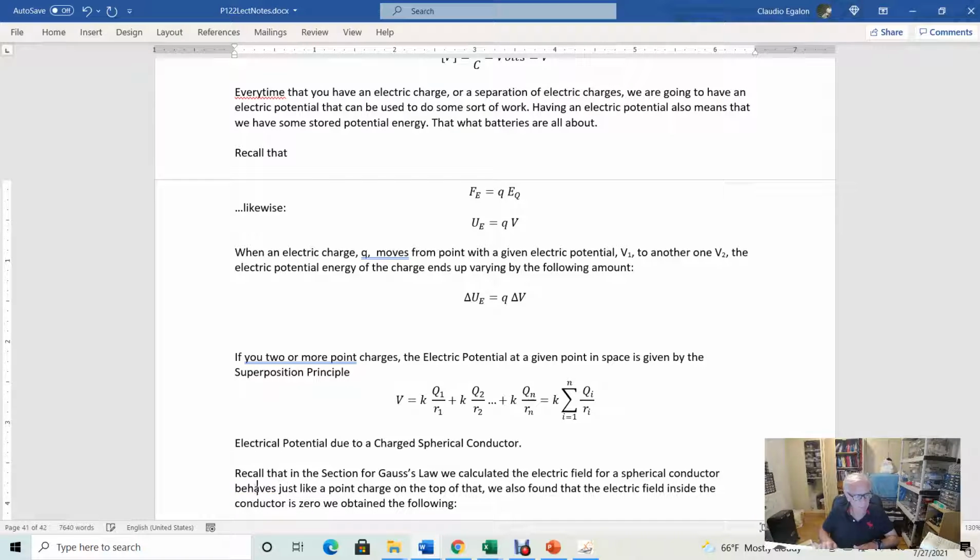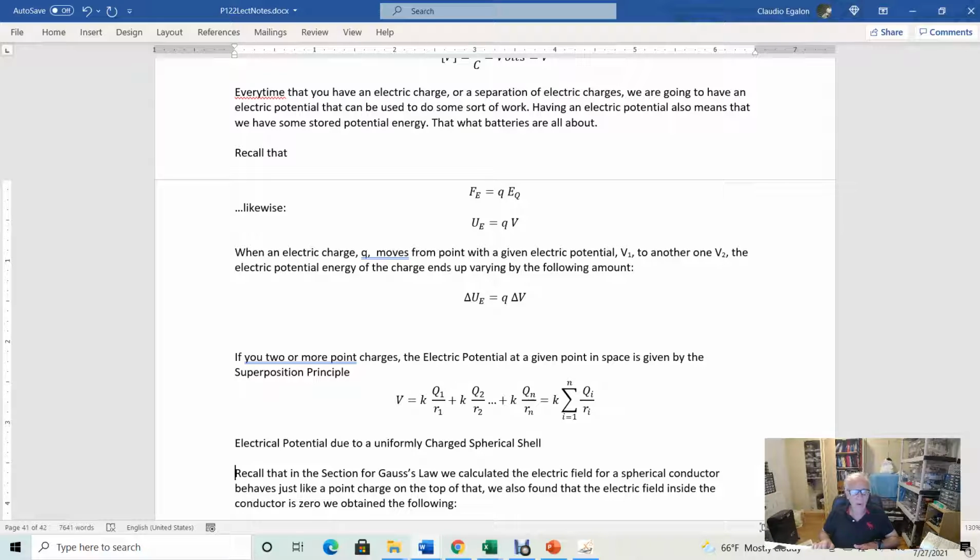For the sake of this discussion, think not of a spherical conductor but of a uniformly charged spherical shell. The book doesn't say that, but let's assume it is a spherical shell.